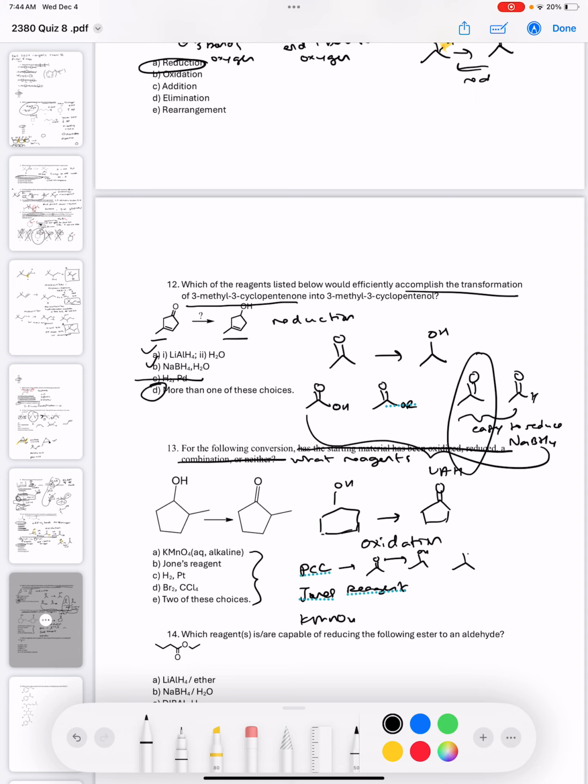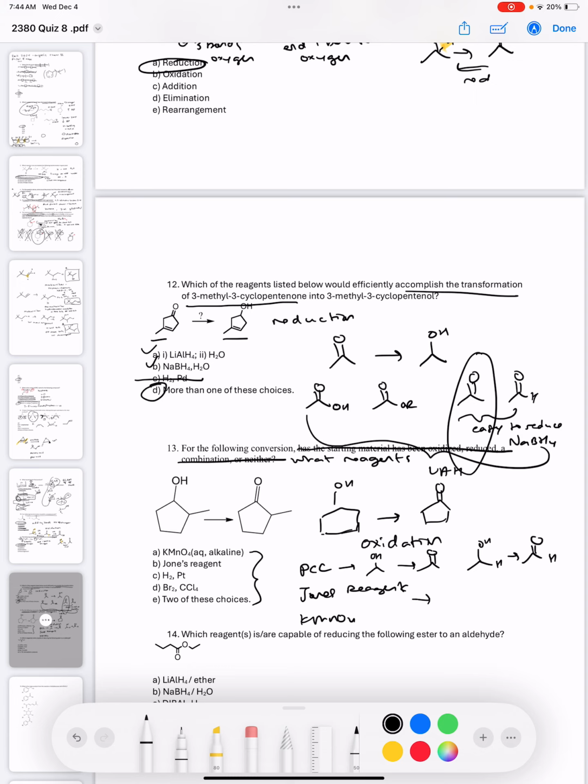But for primary, if it has an aldehyde, I did that backwards again. I don't know what my brain is thinking. I'm kind of on a time crunch, so maybe that's why. PCC will oxidize a secondary alcohol to a ketone. But for a primary, where there's a hydrogen here, it stops at the aldehyde. So it's kind of weak, so it won't keep going.